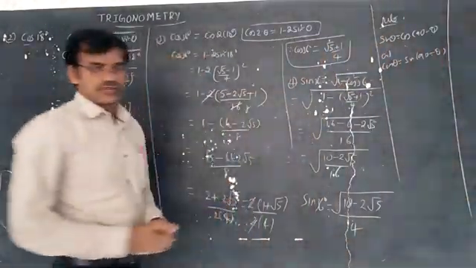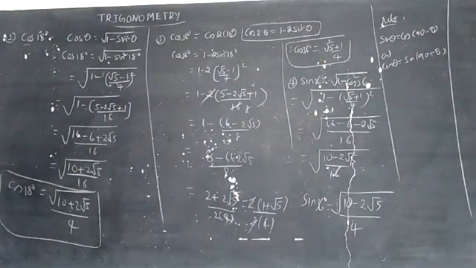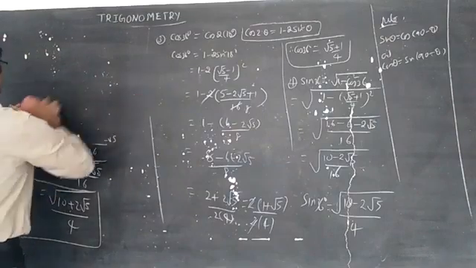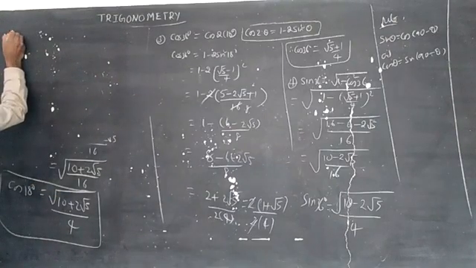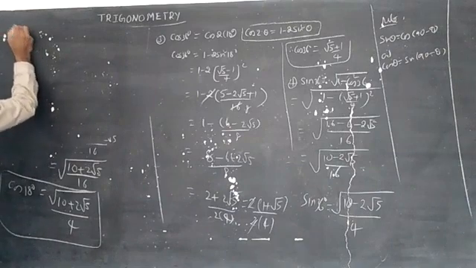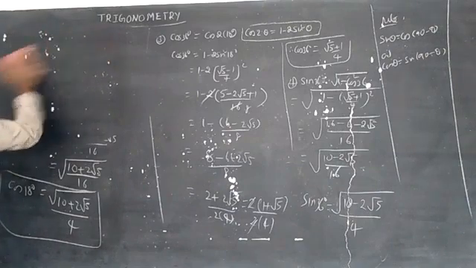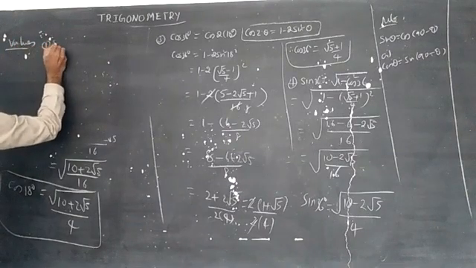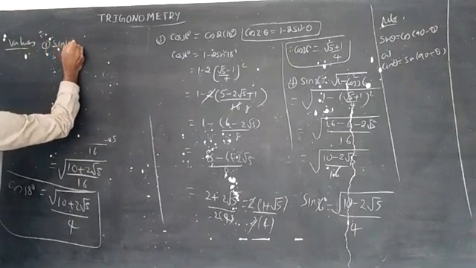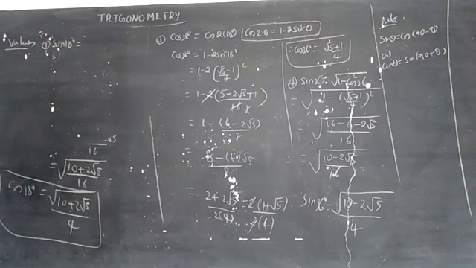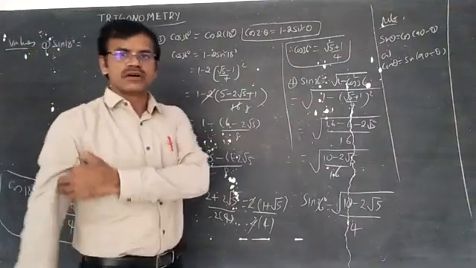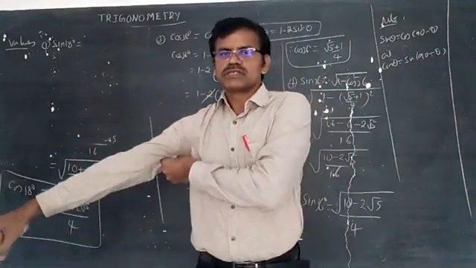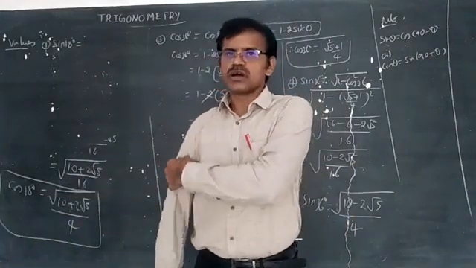Using this, I am discussing the values. First one, sin 18 degrees: whenever sin theta is equal to cos of 90 minus theta, you write sin 18 as cos of 90 minus 72, which gives cos 72.